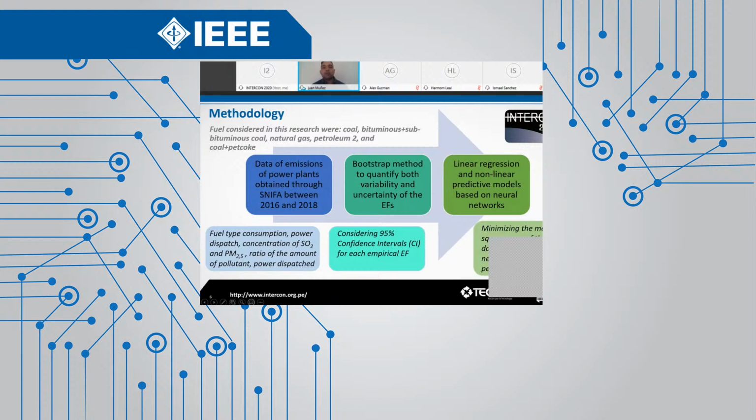We then use the bootstrap method to quantify the variability and uncertainty of this measured empirical data, considering a 95% confidence interval of each empirical EF. Then, depending on the correlation of the variables that we are taking into account, we build linear and non-linear regression models.